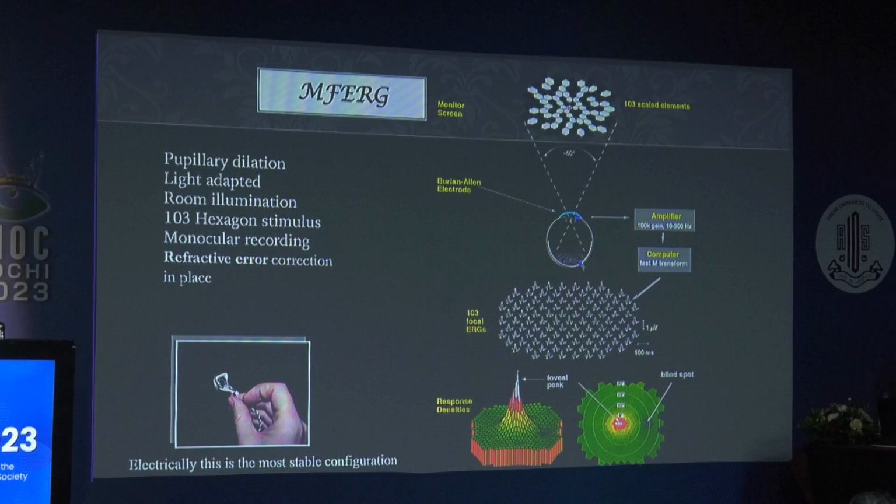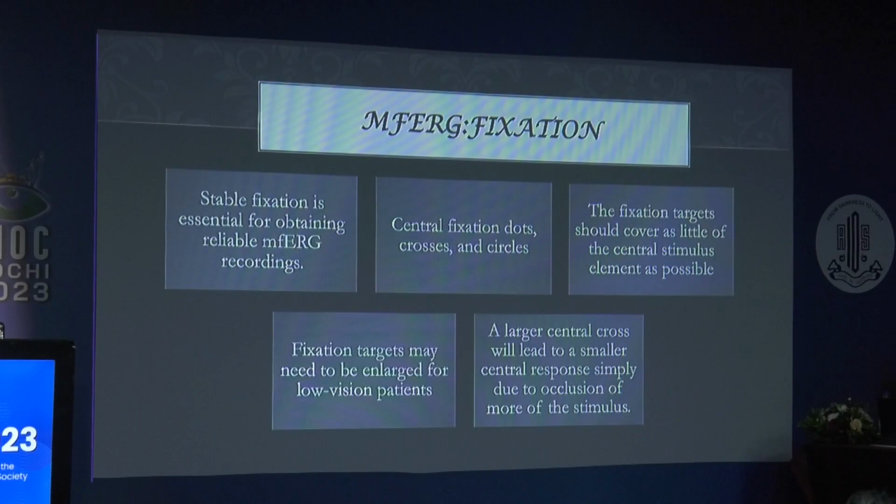The important thing is the stimulus. The stimulus of multifocal ERG is very different from the full field ERG where we use single flashes. Here it is an array of flashes or hexagons which is used. Each hexagon gives you a single response, and that gives you a topography of responses. Most importantly, because here the patient is looking at a pattern, fixation is very important.